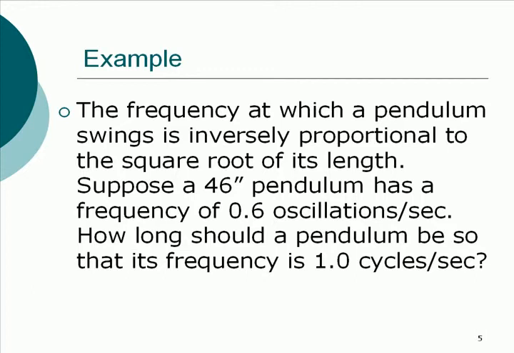So let's write that relationship. The frequency, that's how many oscillations per second, how many swings per second, is inversely proportional to the square root of its length. So what's your relationship?